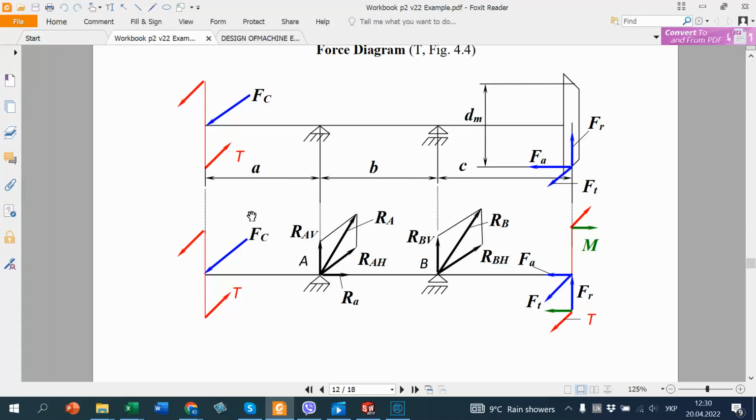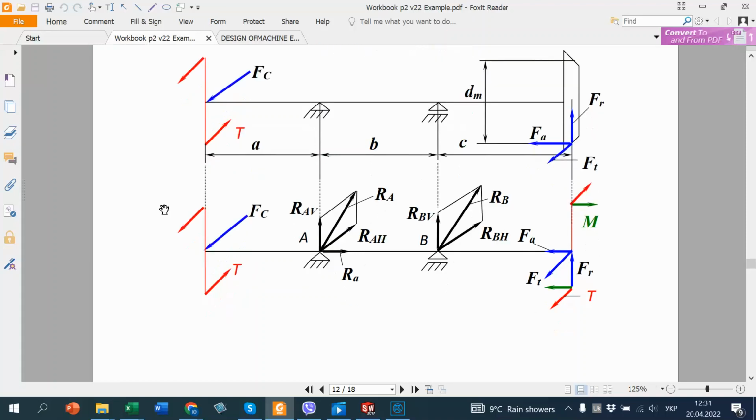And I remind you that according to equilibrium conditions for the horizontal plane and for the vertical plane, we create equations where we have to consider all forces in each plane. For example, for the horizontal plane, we have force Ft and Fc.